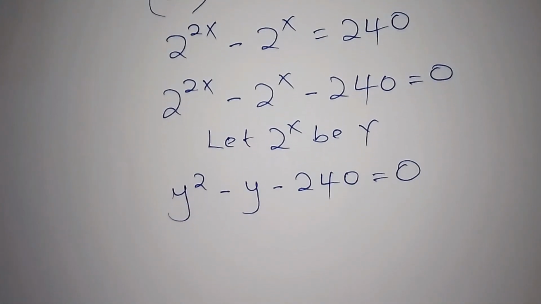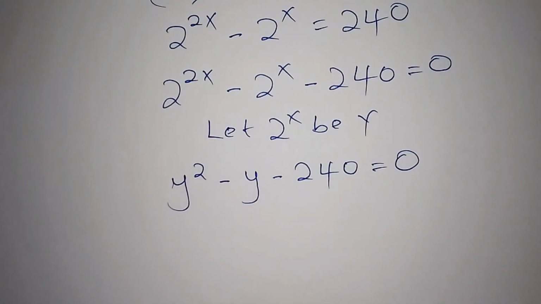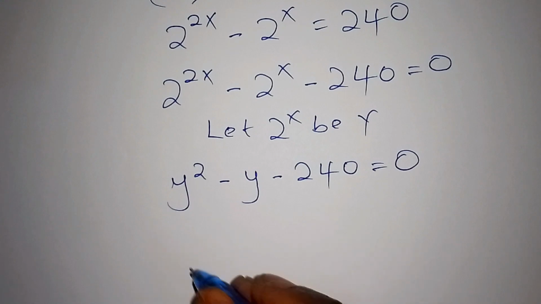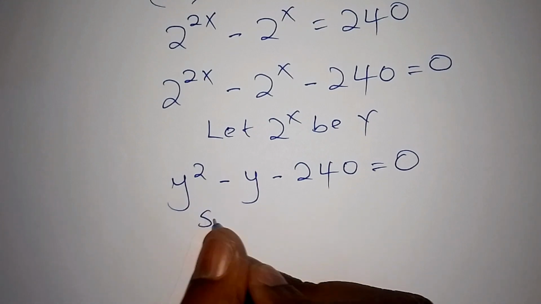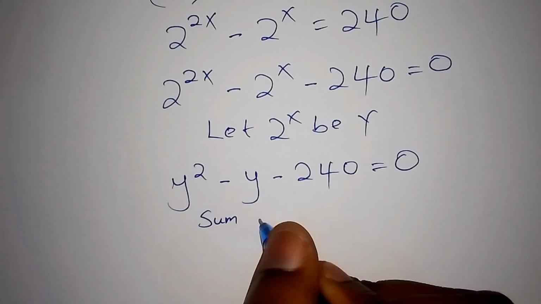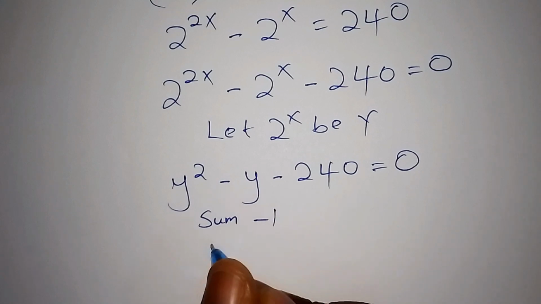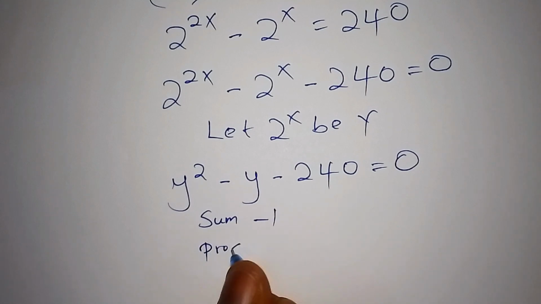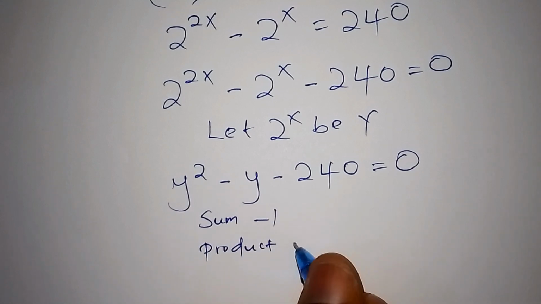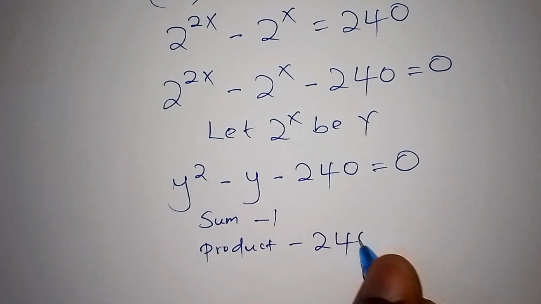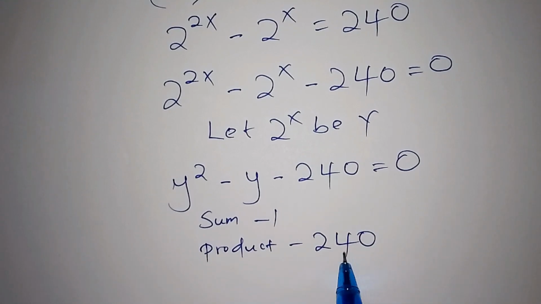So now we need to check, from this equation, the product and the sum. So in this case, our sum here is minus 1, and our product is minus 240. So we need two numbers that when we multiply, it's 240, and when we add those two numbers, it gives us a result of minus 1.